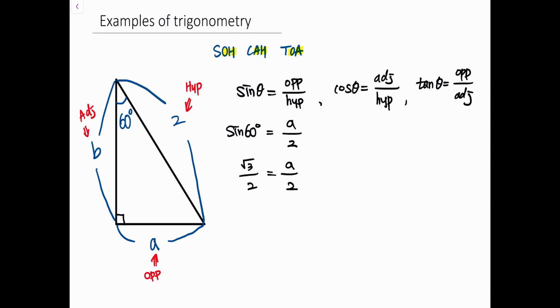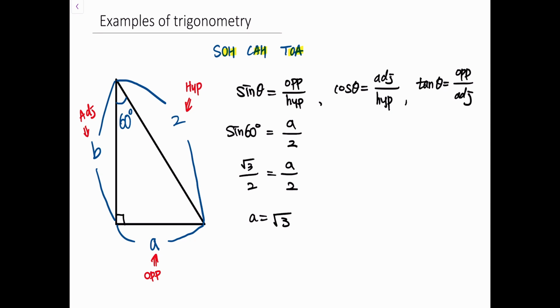Since those fractions have the same denominator value, which is 2, we can just compare the numerator values to find A, which is radical 3. Radical, or rad, is a synonym of square root.